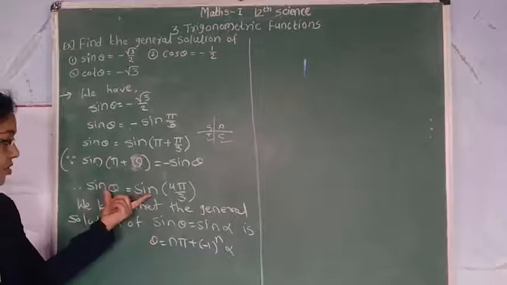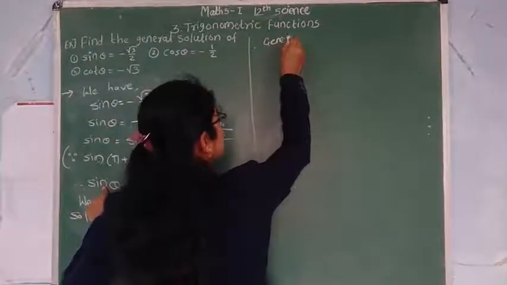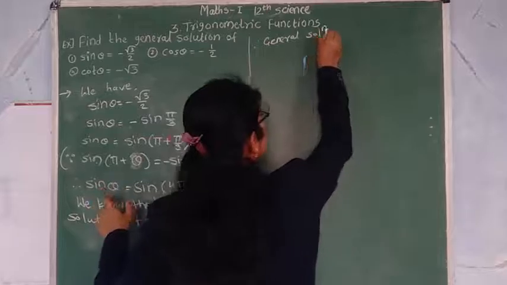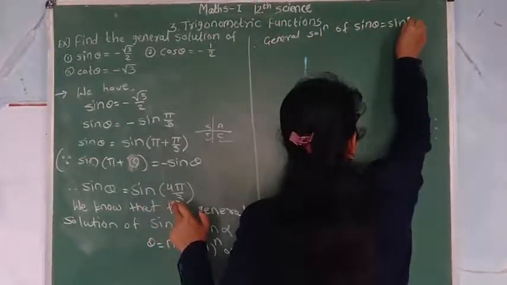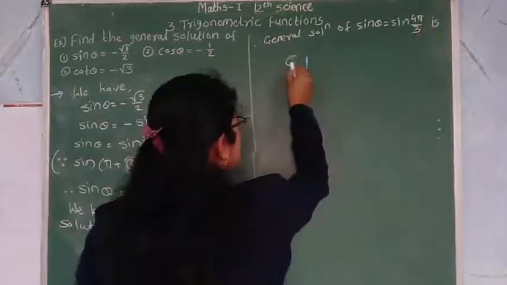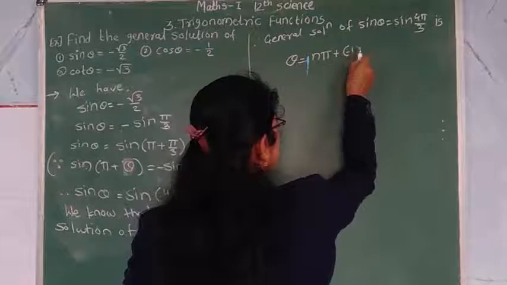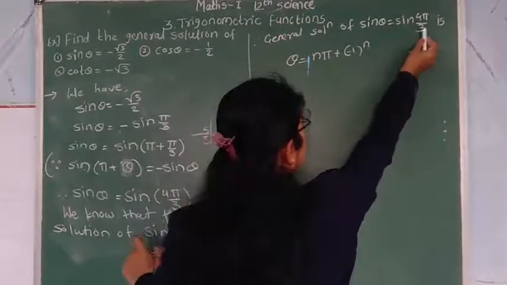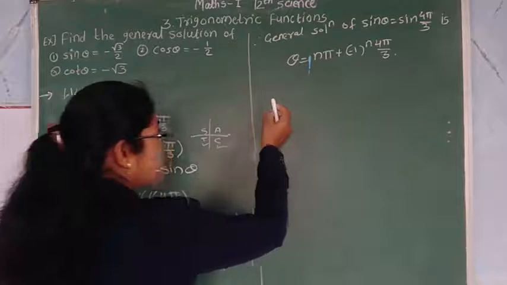Therefore the general solution of sin theta is equal to sin of 4 pi by 3 is theta is equal to n pi plus minus 1 raised to n, where alpha is 4 pi by 3.